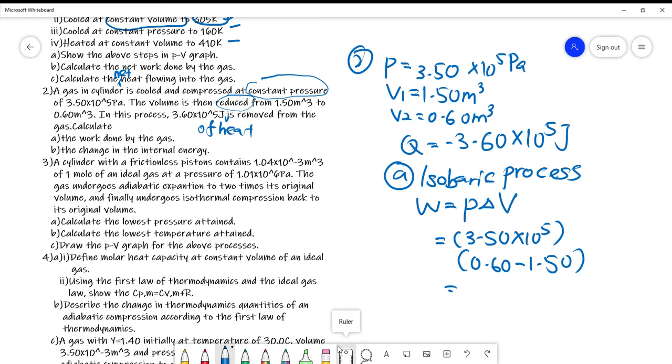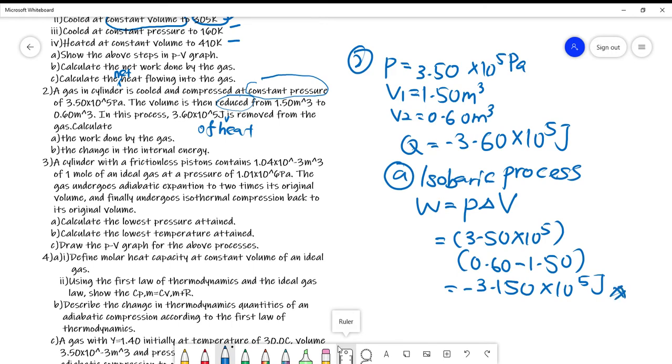So this will be negative 3.150 times 10 to the power of 5 joule.